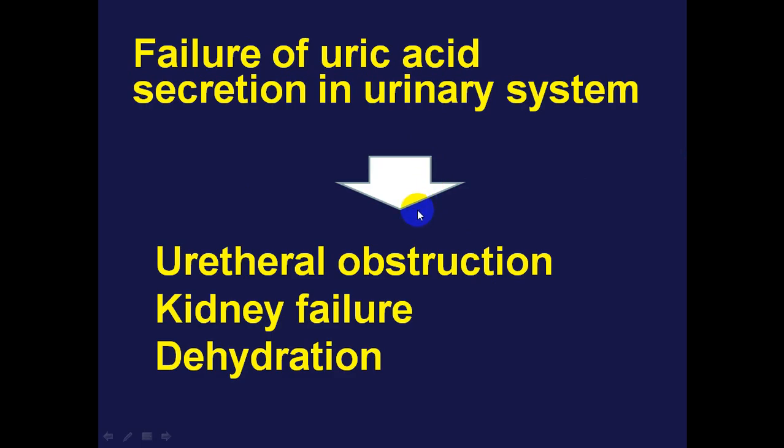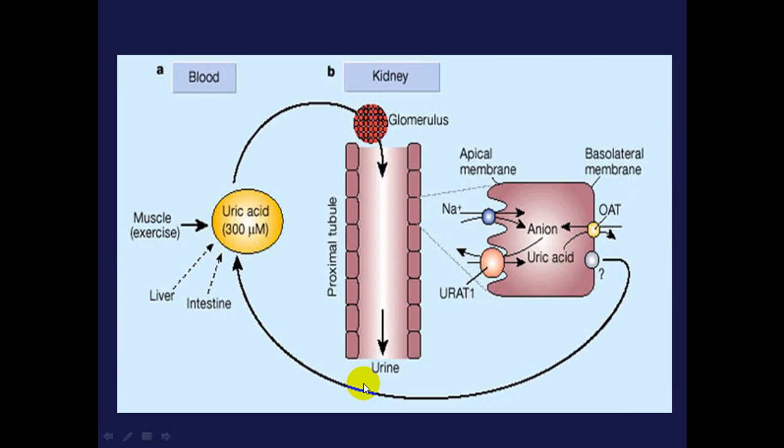However, if the kidney already reaches end stage, it makes the kidney release more water. Releasing more water will lead to what we call dehydration. Okay, here you can see the uric acid released from the tubular cells here.